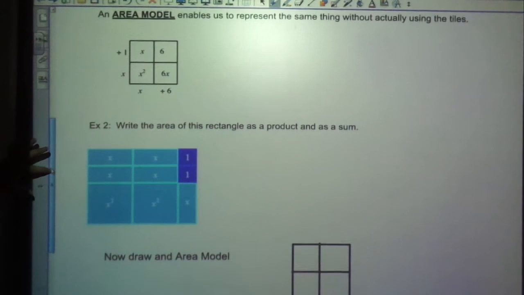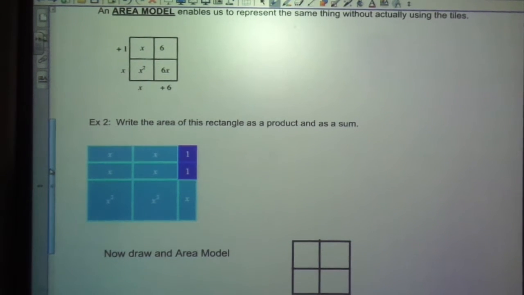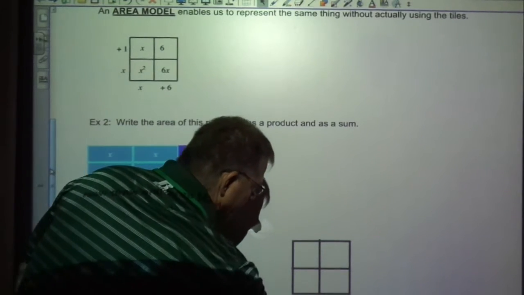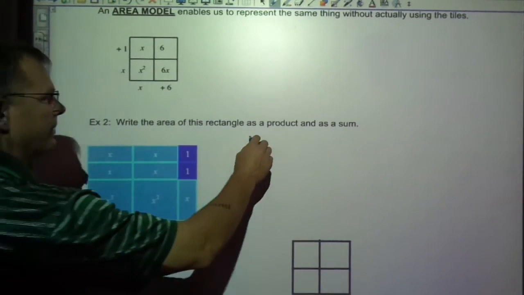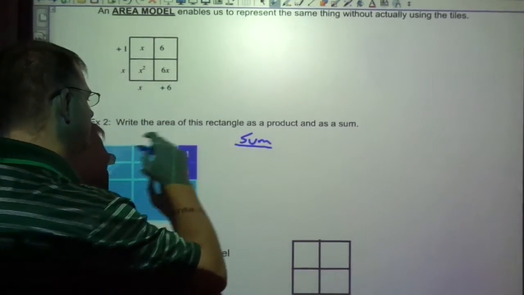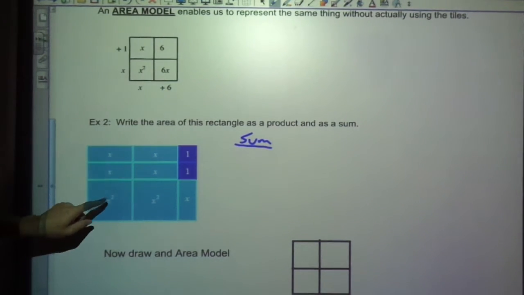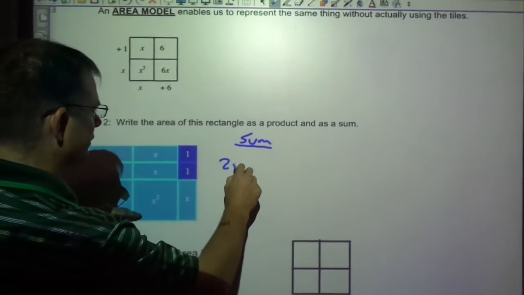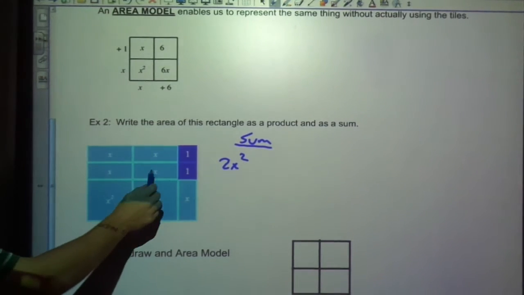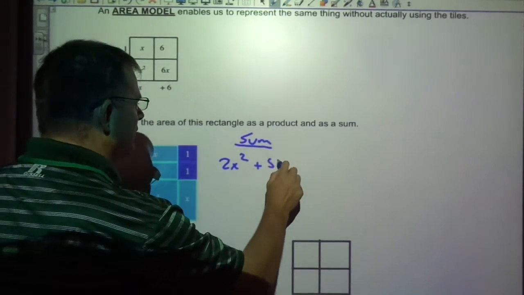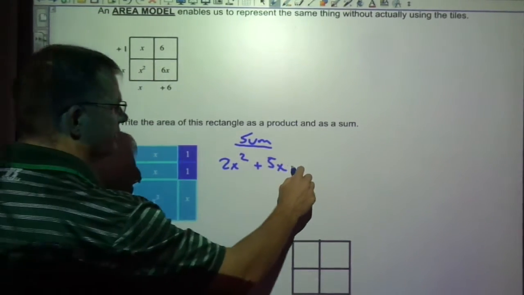Let me show you another example here. Write the area of this rectangle as a product and as a sum. So I'll do sum first. Sum's usually easier. I've got 2 of these x squareds. I've got 1, 2, 3, 4, 5 x's. And I've got 2 1's.